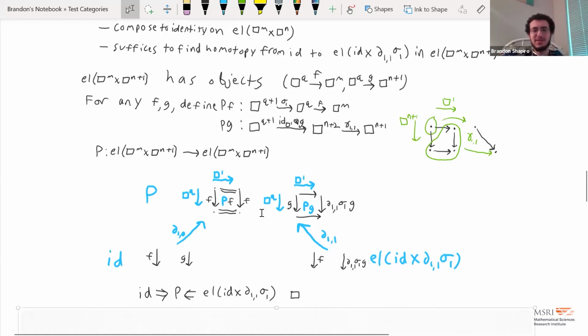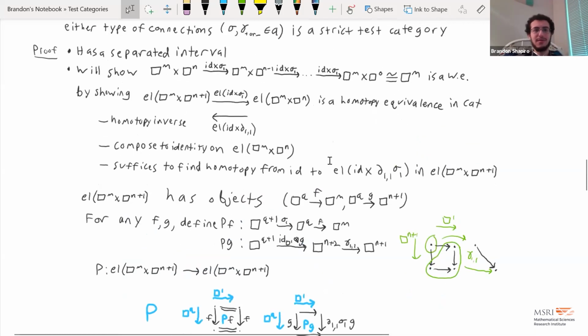And the information to extract from all of this is that connections make it easier to define homotopies from representable cubes. That we can go from the identity to something closer to being a constant.